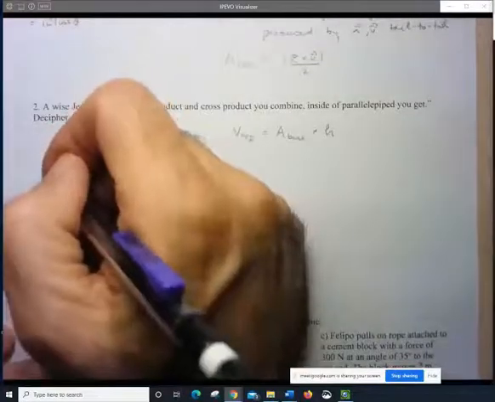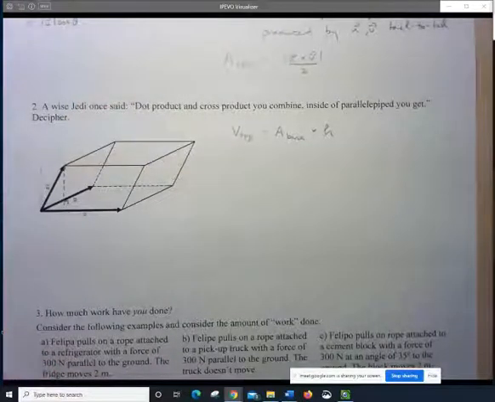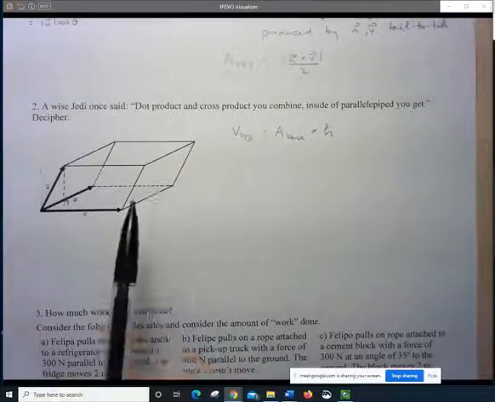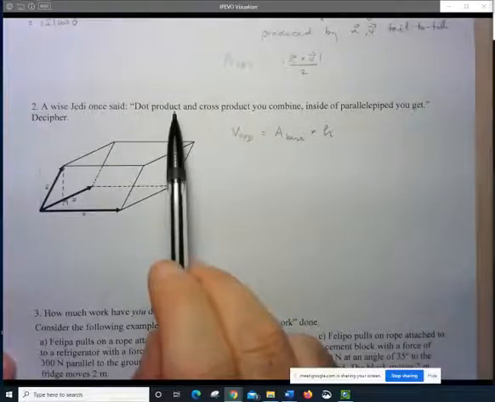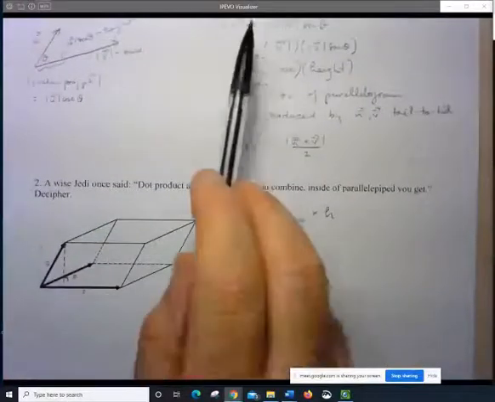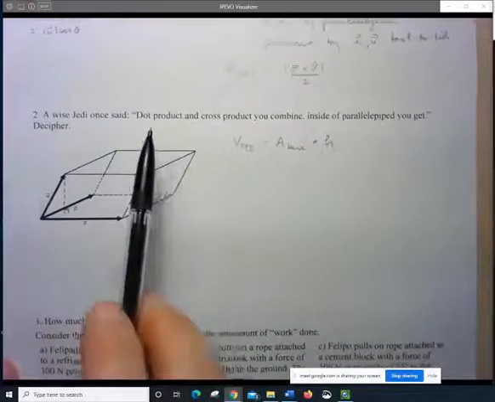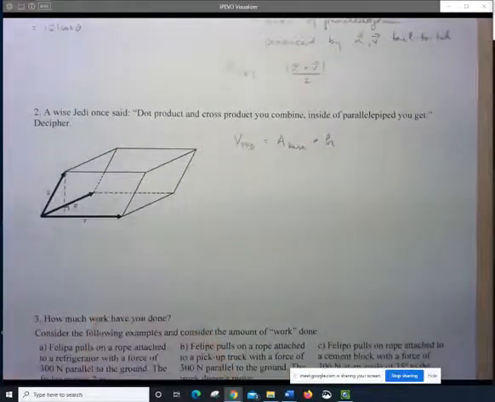That's maybe the hint I'm going to give you. So take a minute, play with the diagram, see what you can come up with. The hint is that this process is going to involve not just a cross product, which clearly it has to, because of the area of the parallelogram, but it's also going to involve a dot product. Let me give you a minute, play with it, see how far you can get.